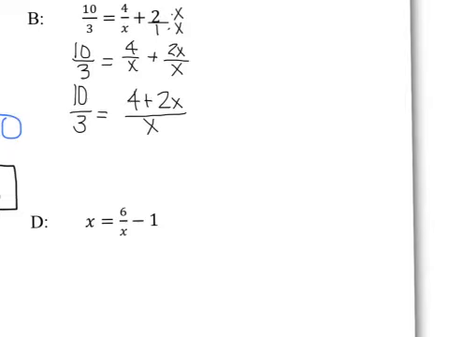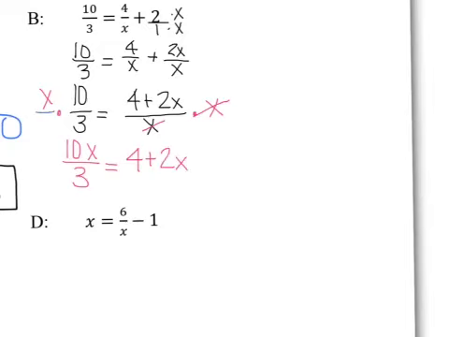So we need to get rid of the x that's in the bottom here. So we can multiply by x here to cancel that with that. And do it on this side. So now we have 10x over 3 equals 4 plus 2x.